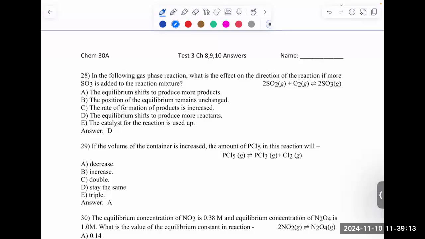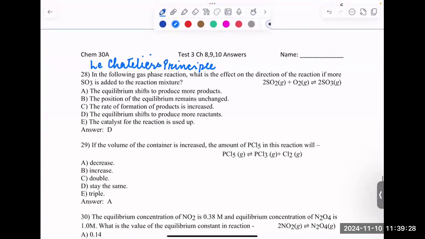Next is, in the following gas phase, what is the effect? This is Le Chatelier's principle, which relates to disrupting the equilibrium. Here you are given the reaction: there are 3 moles here and 2 moles here.